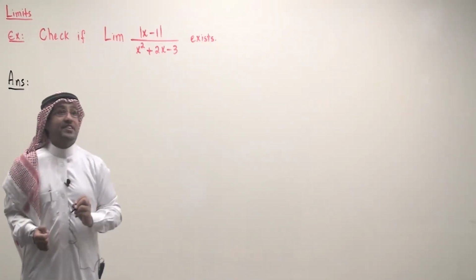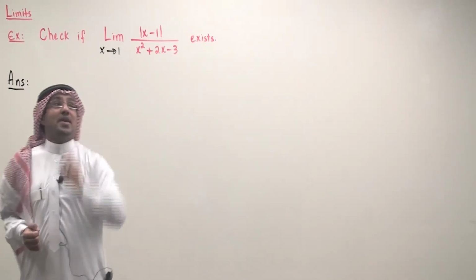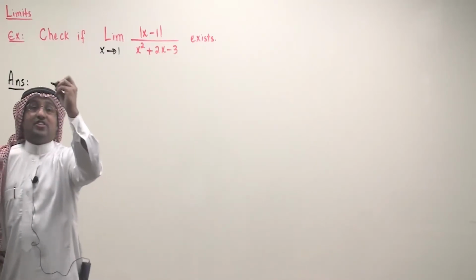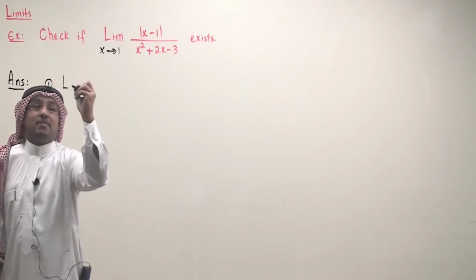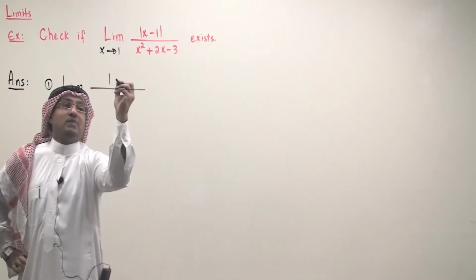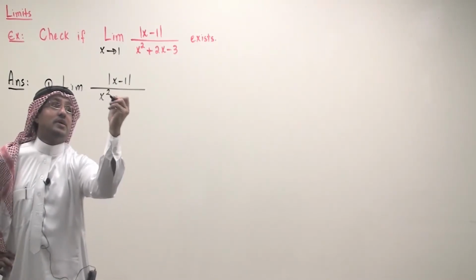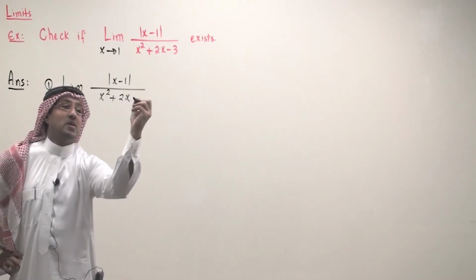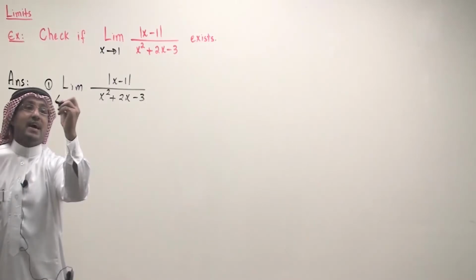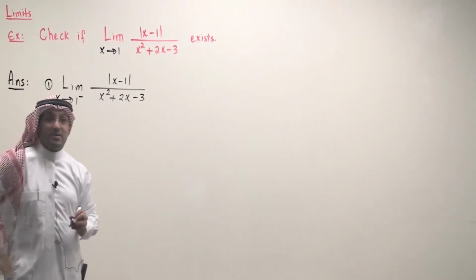So I'll first check, as x goes to 1, the limit of the function absolute value of x minus 1 divided by x squared plus 2x minus 3 as x goes to 1 from the left. Let's calculate this limit.